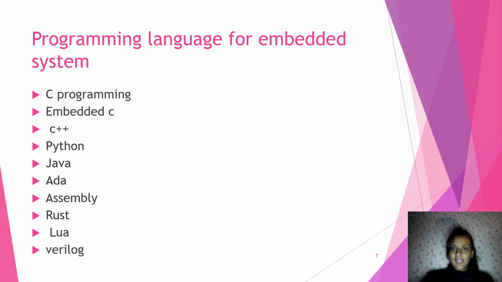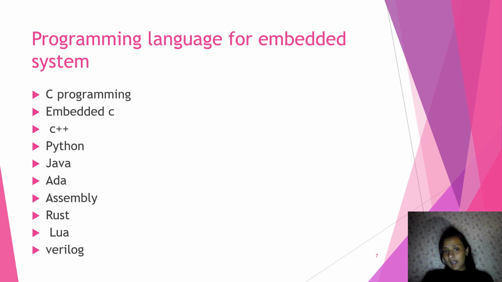Beginning with the programming languages for embedded systems, which we have been looking into since the very first slide. What are the languages which we can use to write into the embedded system? What are the languages which can be used to give instructions to the embedded system to control it? Here are some listed below. First comes C programming. One particular part they have made is embedded C, C++, Python, Java, ADA, Assembly, Rust, Lua, Verilog.